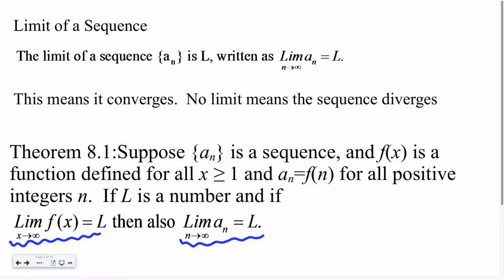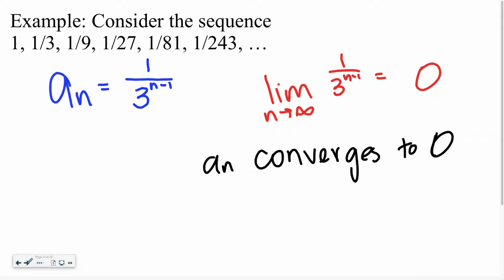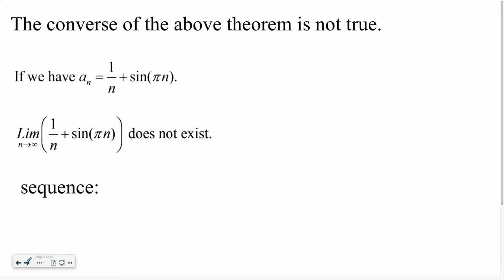Because remember, we're working with every value versus only positive integers. So things could be happening in between the positive integers that would cause a function not to have a limit, but the sequence could. Does that make sense? Okay? For example, and I don't want to spend a lot of time talking about this, but the limit towards this guy wouldn't exist.